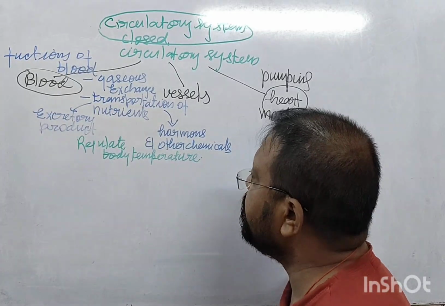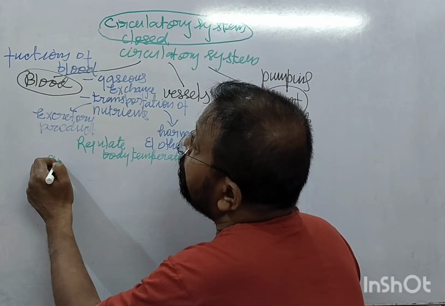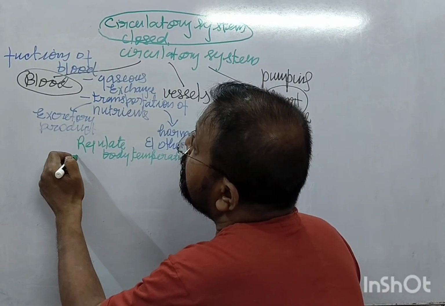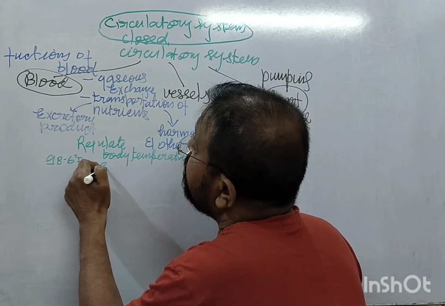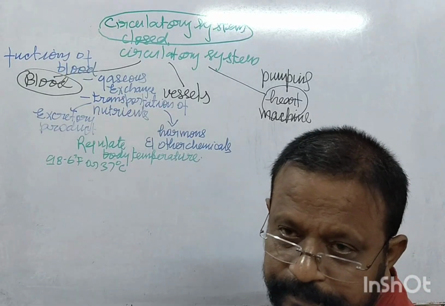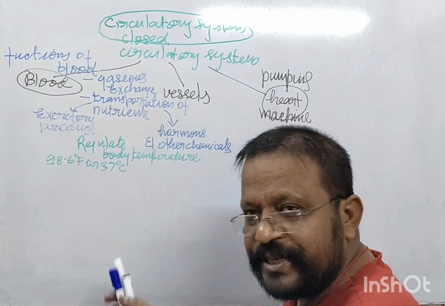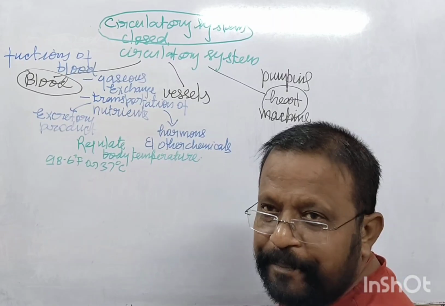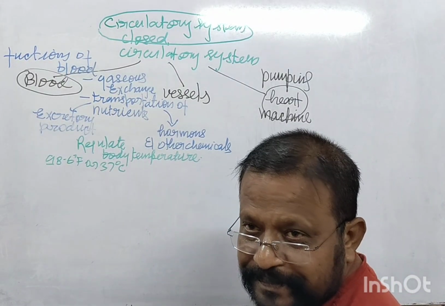Our body temperature is 98.6 degrees Fahrenheit or 37 degrees Celsius. It is fixed, right? It does not change. If it changes, it means you are suffering from disease.